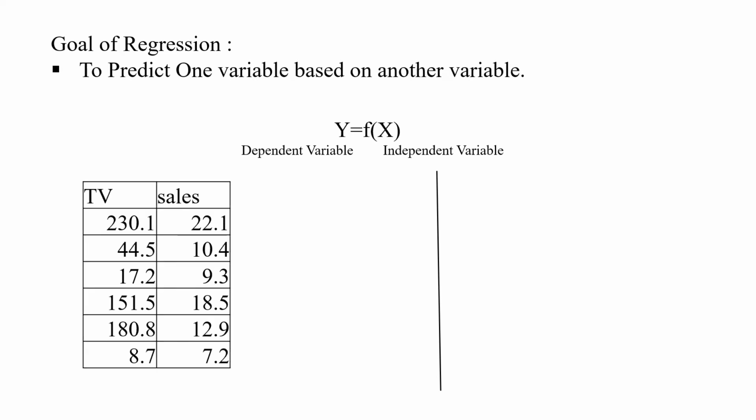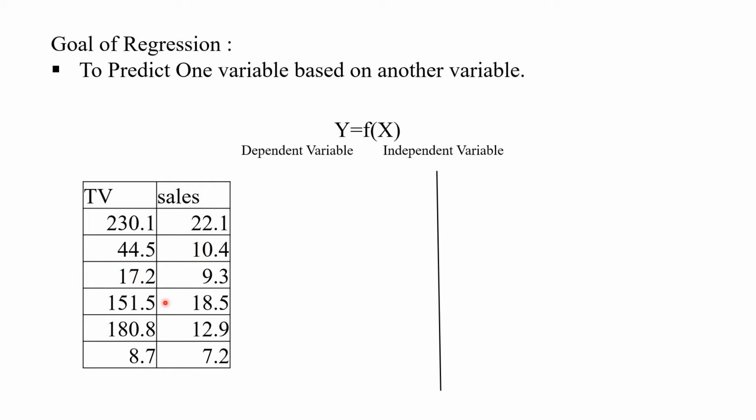Now here comes our example. Over here we have expenditure on TV and the sales. When $230 are spent on TV, sales increase by 22.1 lakh. When $44 are incurred on television, sales increase by 10 lakhs.